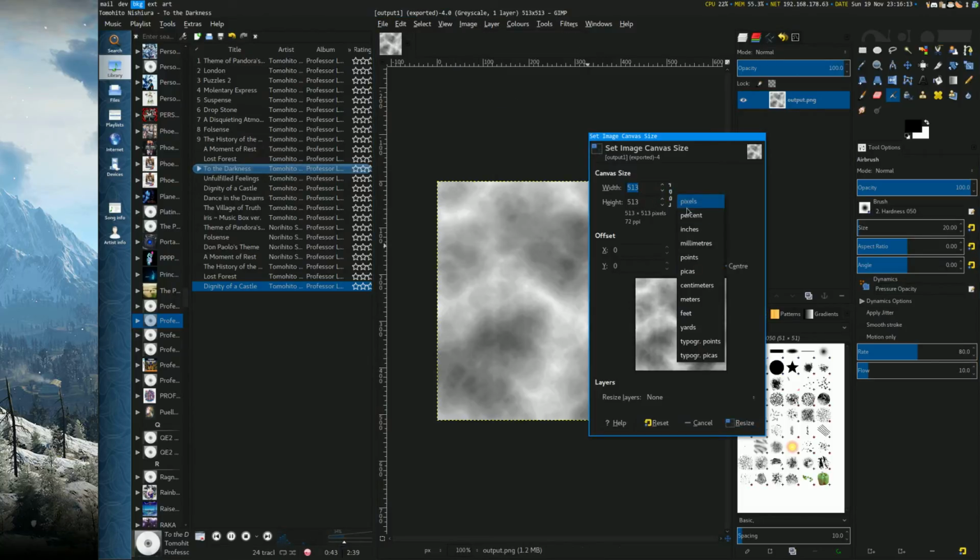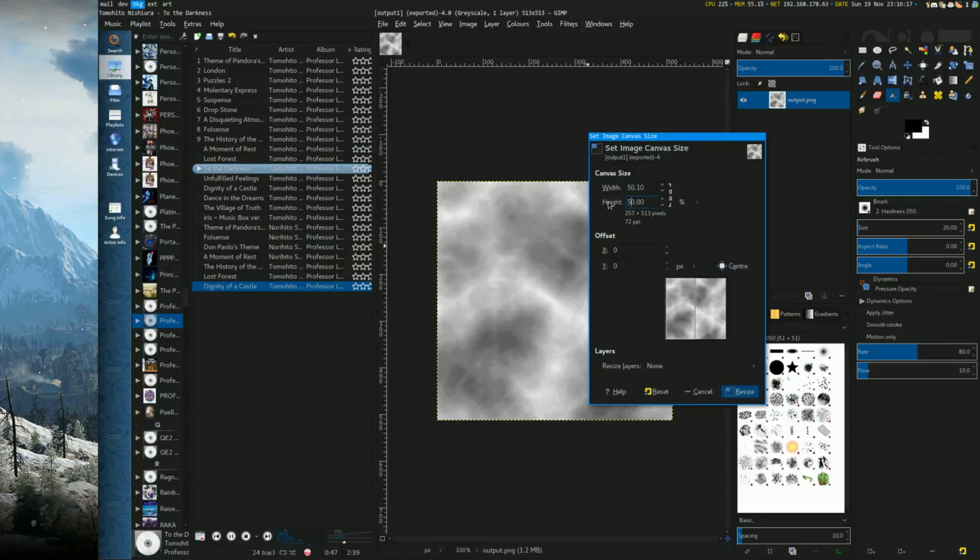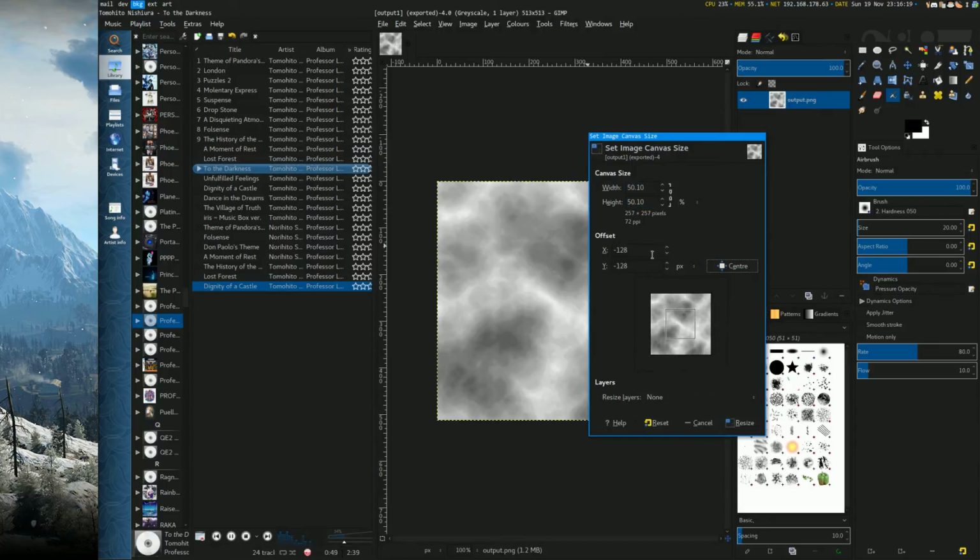Camera size, percent, 50, 50, center. I know it has to be offset by 1, but I don't know in which direction. I might have to try at some point to see if that makes the gaps go away.